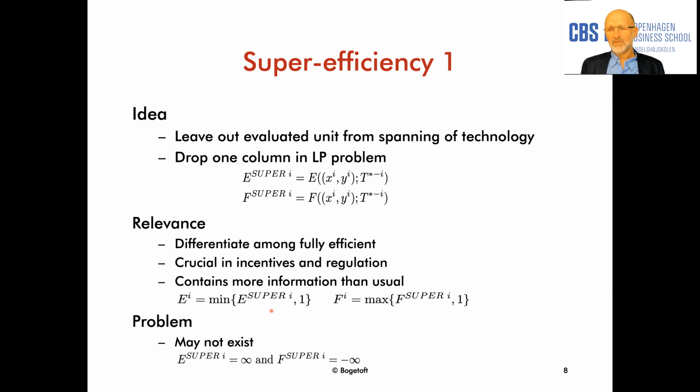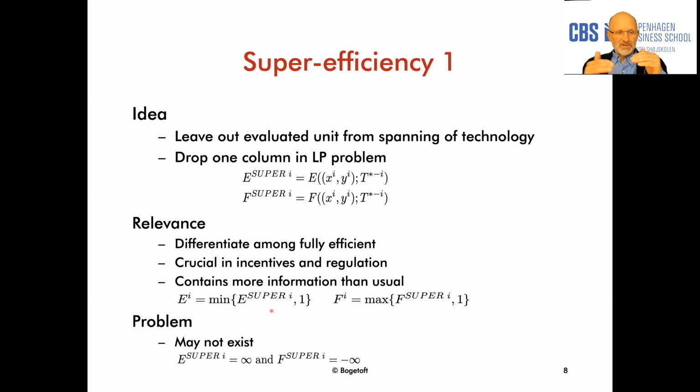There's a slight problem with that, and that is in some cases it might not exist, because I might actually be defining the frontier in this area where I am. Maybe I'm alone in this area. I have an input-output mix which is very special, so there's no one I can really be compared to. Then you'll normally just get an efficiency score of 1 because you define the frontier.